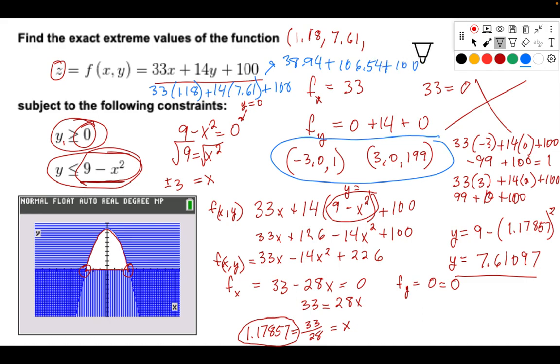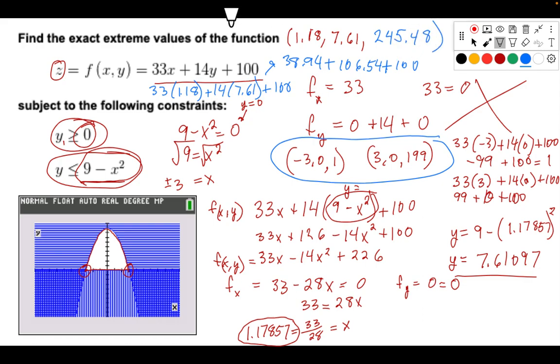Adding all that together, we get 240. 6 and 8 are 14. 15, because I got to carry the 1. 9 and 5 would have been 14. 4 and 4 is 8.